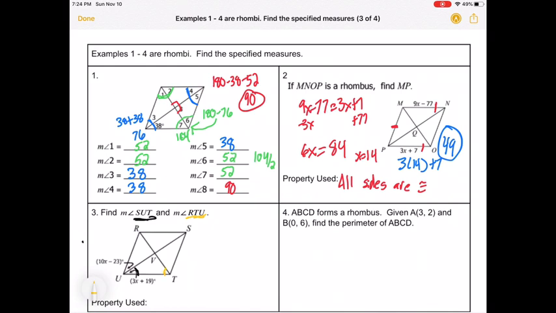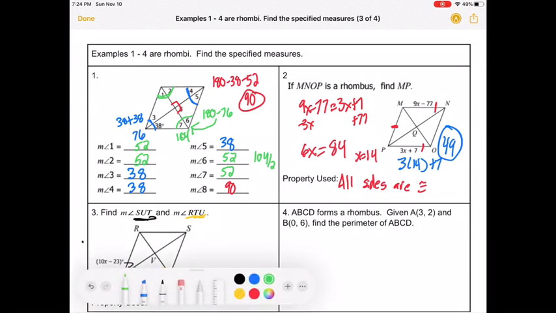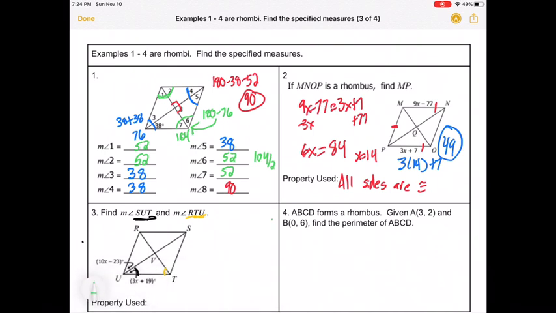So to start, you have to figure out how those angles are related, and those angles are bisected. So you could do angle bisect for those as your reason. So they are the same.